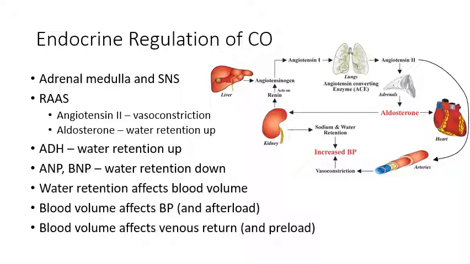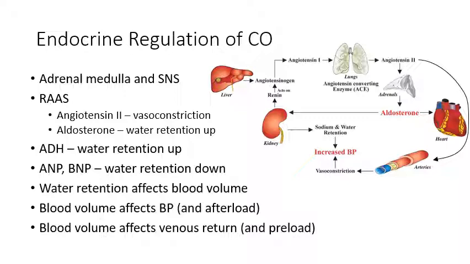The endocrine system also regulates cardiac output. You have a bunch of different pieces of the endocrine system that affect cardiac output. First, you have just the adrenal medulla, which is going to release adrenaline or epinephrine anytime the SNS is activated. And that hormone, epinephrine, has the same effects on the heart as the SNS system does.